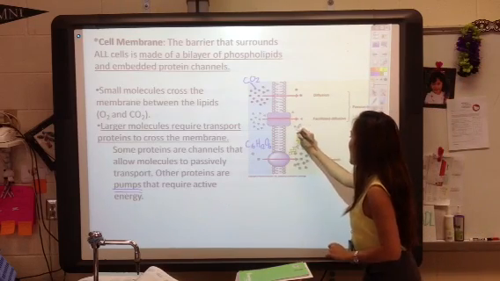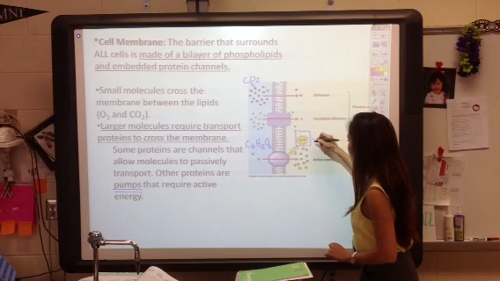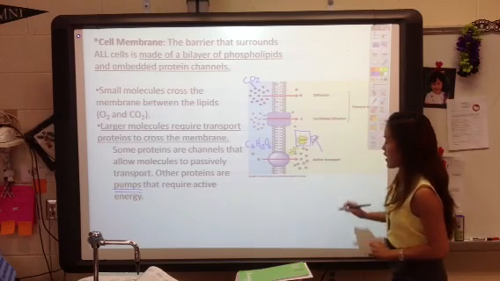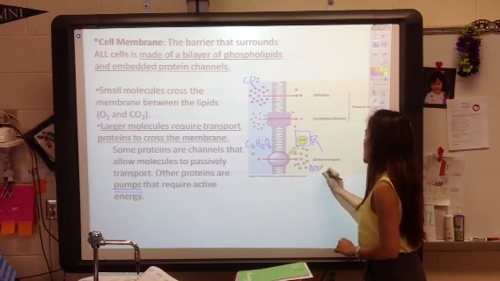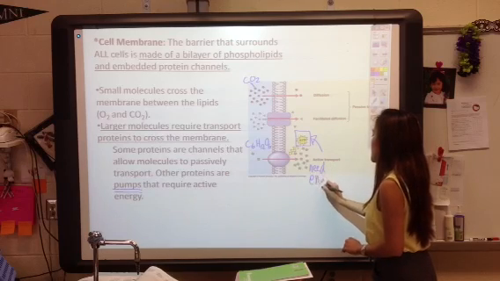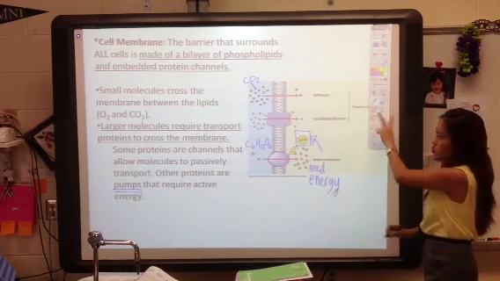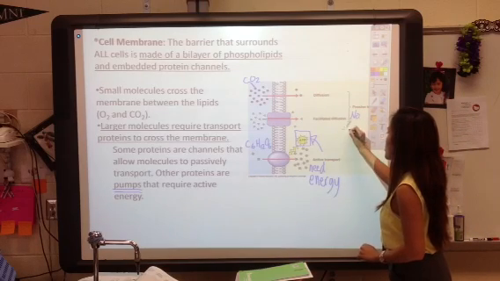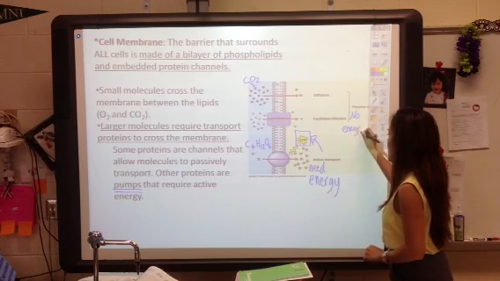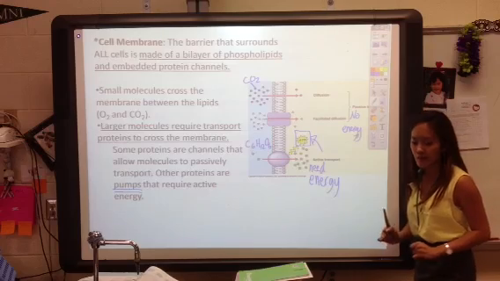Notice that over here with active transport, you require ATP, which is energy. So you need energy. But over here with passive transport, there's no energy needed. No energy needed. Okay?